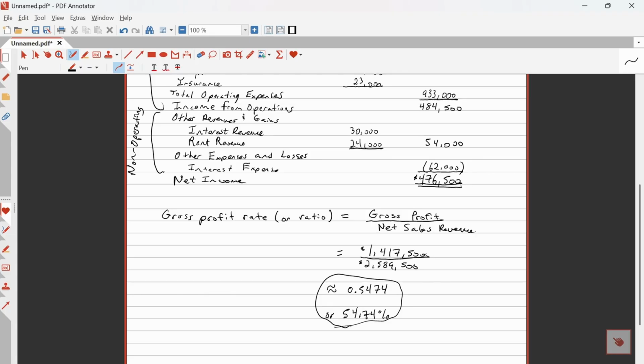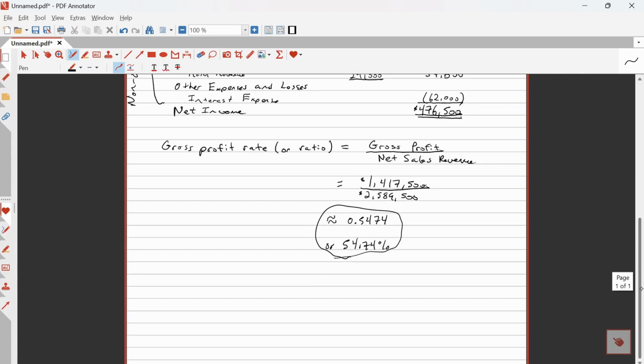Now, another related metric is called return on sales. That is the bottom line number, net income, which will always be smaller than gross profit because we take gross profit and subtract some other expenses to get net income.